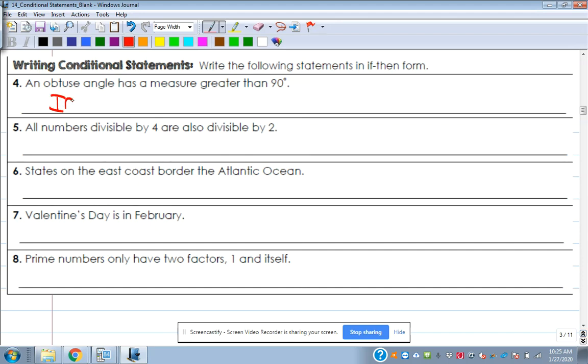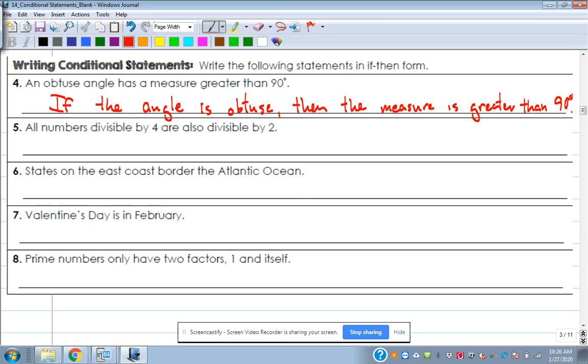I'm going to say if the angle is obtuse, then the measure is greater than 90 degrees.